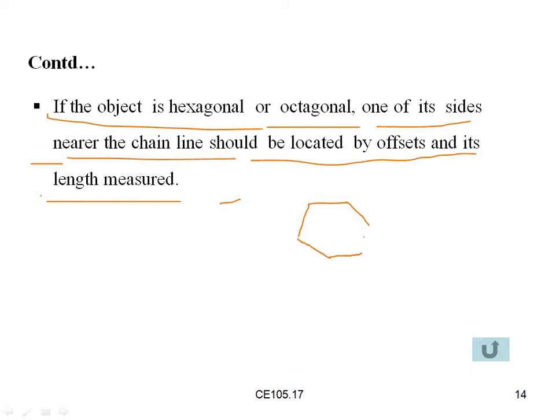In this hexagonal, one of its sides will be located like this, at the chain line, by its offsets. In between, we can keep the offset.